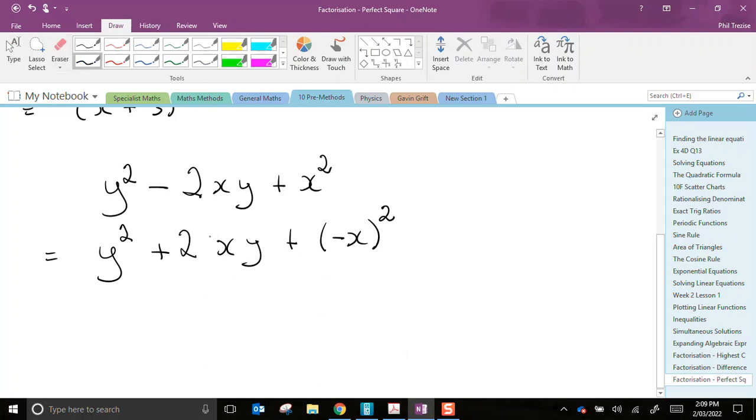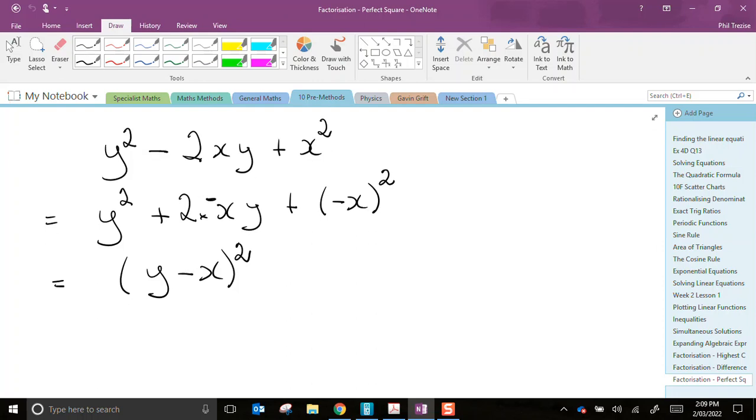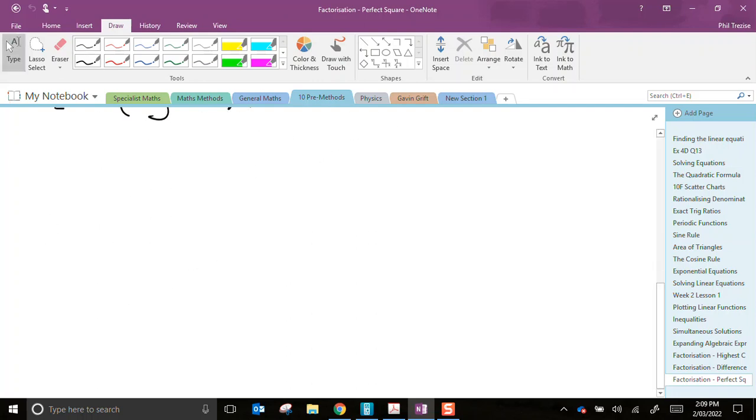I'll just attach the negative sign there to the x. So it's a positive y squared. It's a negative x squared at the end, and the middle part is a 2 times the first bit times the last bit. So that's the pattern. And I'd have to be careful then that I wrote the y first. Adding a negative x is the same as subtract x and squared, and that's factorised using the perfect square pattern. That's lovely.